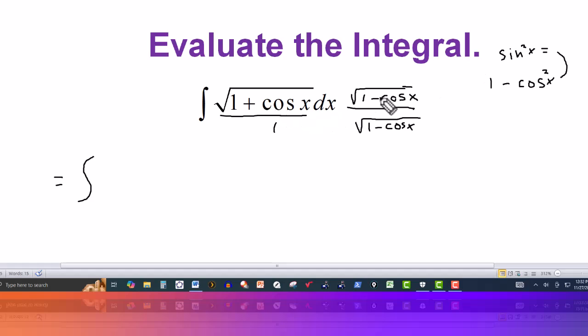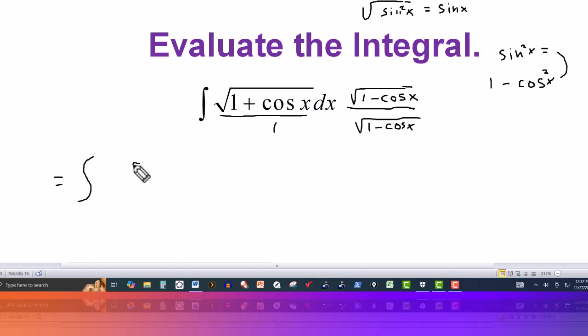So basically when I multiply these two out, I wind up with a square root of sine squared, which is equal to sine of x. We won't use absolute values here since we're just integrating, and we can consider the angle to be an acute angle, and everything is positive for the trig functions.